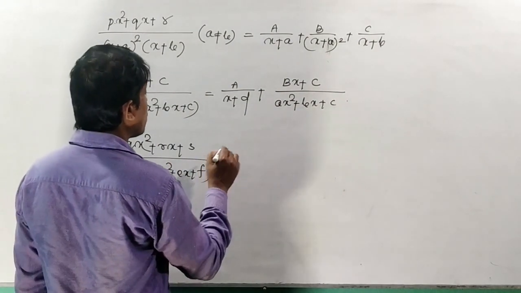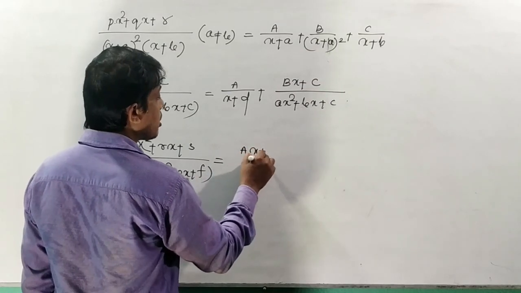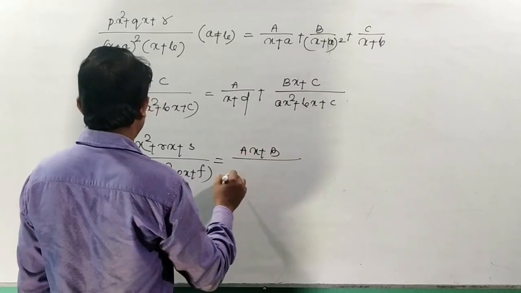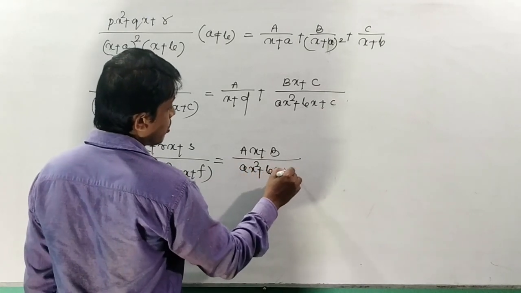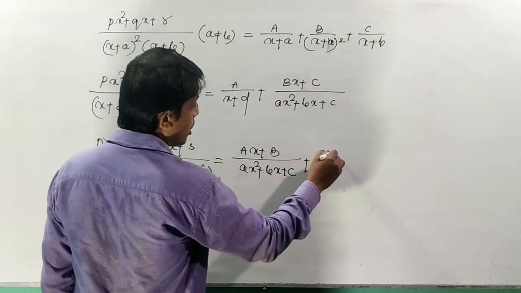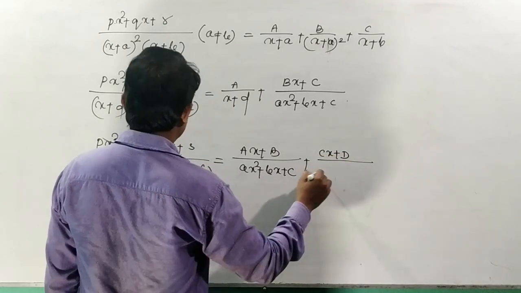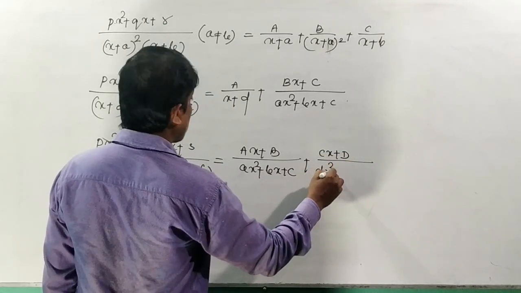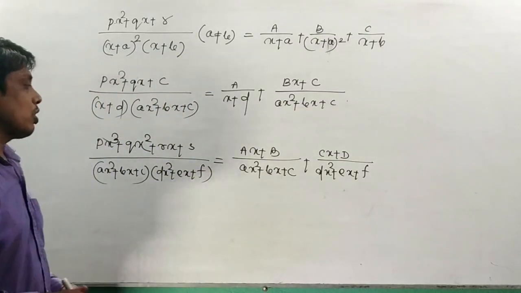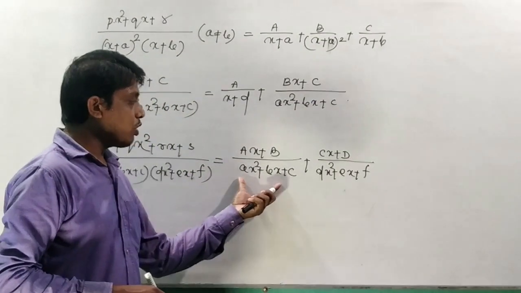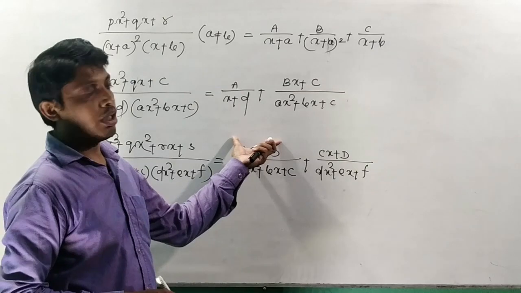Then we have to take this as ax plus b by ax square plus bx plus c plus cx plus d by dx square plus ex plus f. If the denominator is taken to be quadratic factor, then the numerator is taken to be linear form.